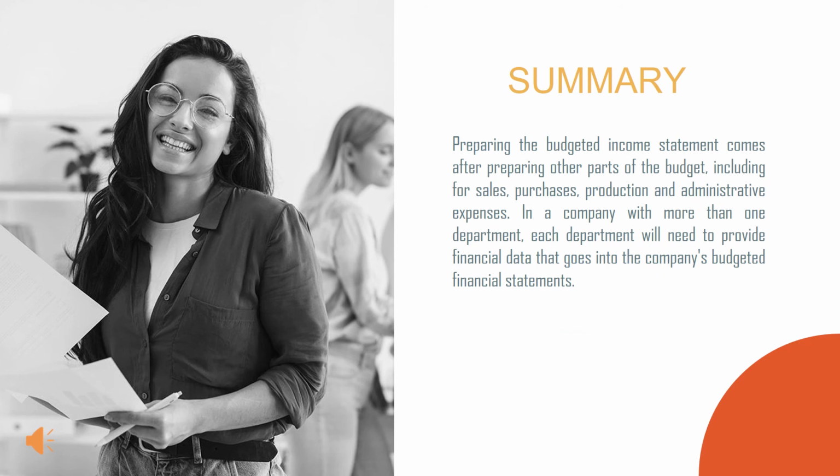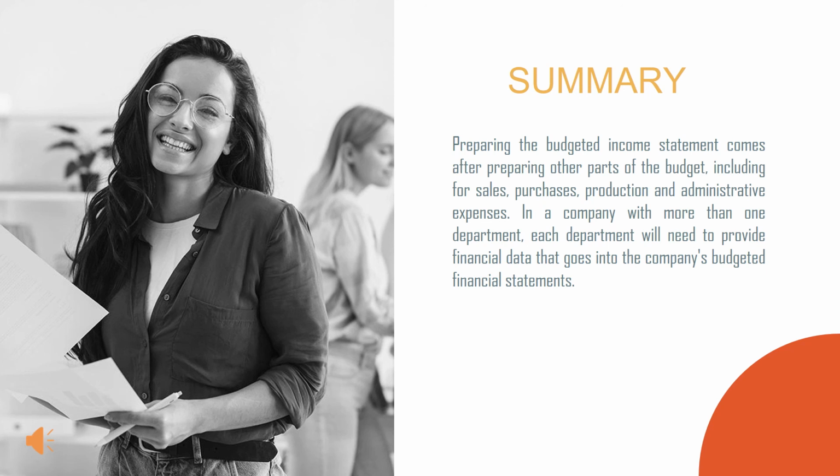So, overall, the formulas for creating the cost of goods sold budget, the selling and administrative expenses budget, and the budgeted income statement are very straightforward. And in preparing the budgeted income statement, it comes after preparing other parts of the budget, including for the sales, purchases, production, and administrative expenses.